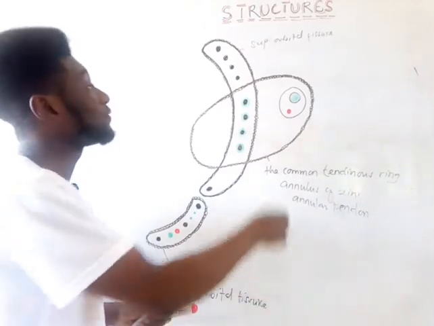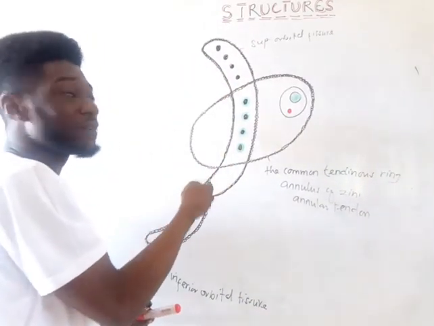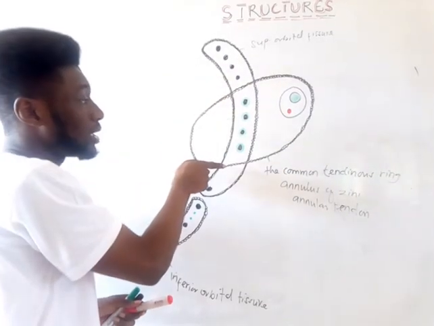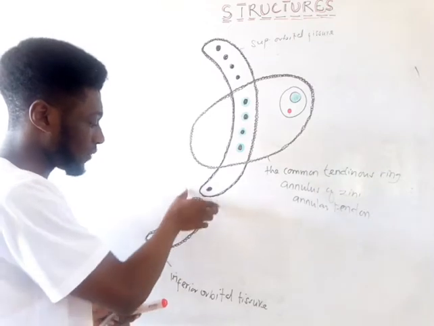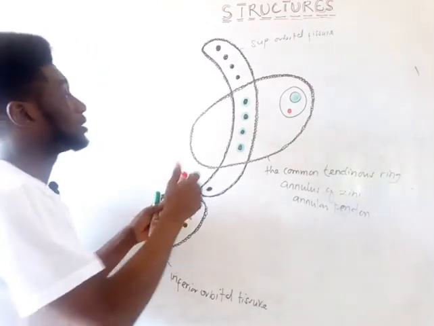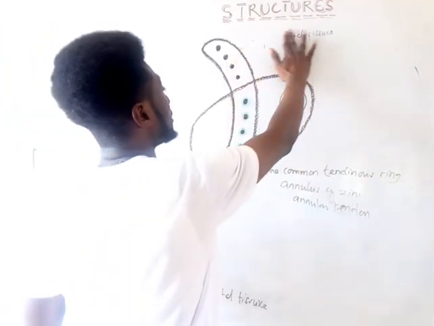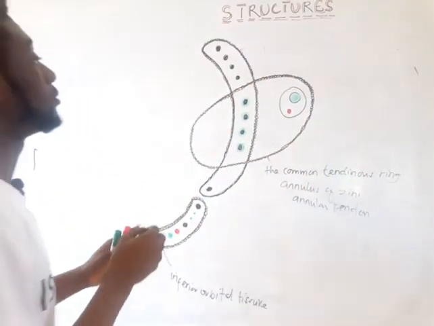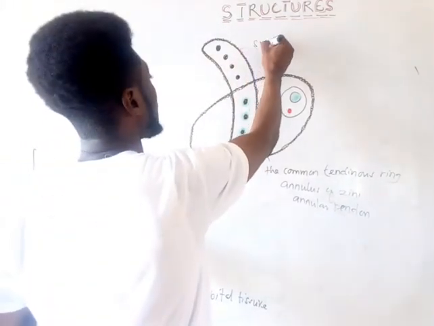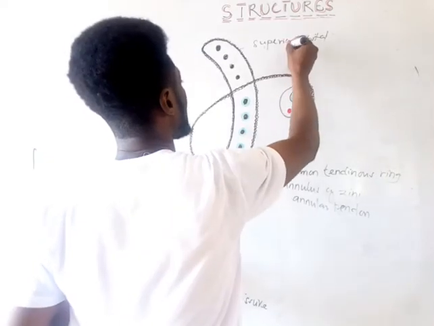Some structures pass through the superior orbital fissure alone, some through the superior orbital fissure plus the common tendinous ring, and you also have the inferior orbital fissure. I'm clarifying this to avoid confusion. So, the superior orbital fissure.